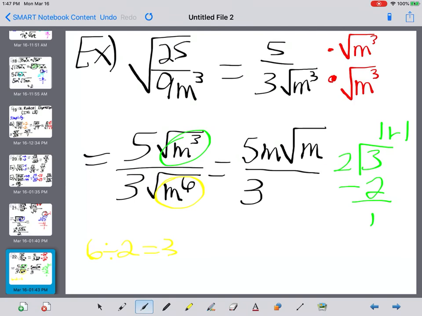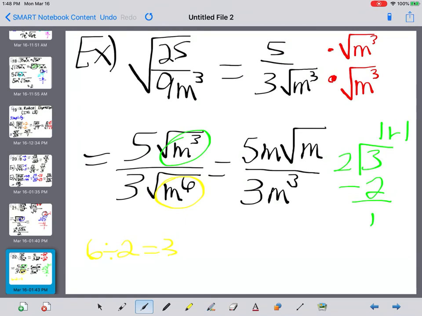And as you see in yellow there, what I did, 6 divided by 2 is 3. So I'm going to have 3m to the third. Now, we're not done, because the last thing, since I have m cubed on the bottom and m to the first on top, I can subtract my exponents, since I'm dividing.